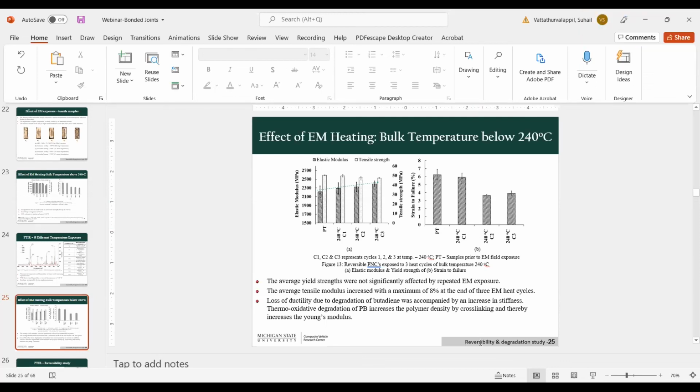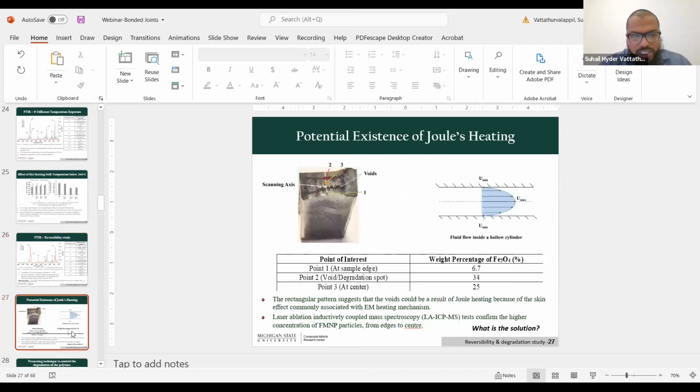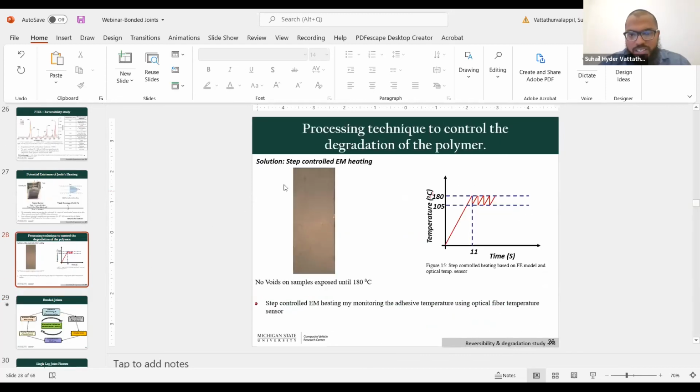This is something that we have observed with respect to cyclic heating: if you heat them, cool them, heat them, cool them, what happens to the joint strength? But at the same time, there are other options. Here it is 240C, but from the degradation study that we have finalized, the idea is not to heat it until 240C, but only until 180C.